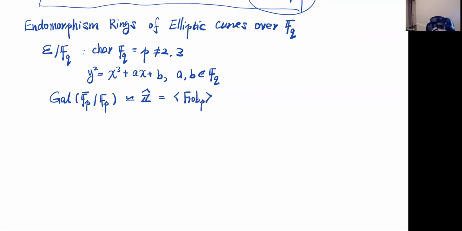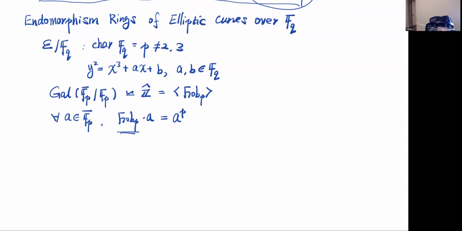What that means is that for any element A in FP bar, very concretely, the Frobenius acts on A by raising A to the pth power. Then from Fermat's little theorem, we can say that this Frobenius action fixes elements in FP, right? So this is a generator of the absolute Galois group.